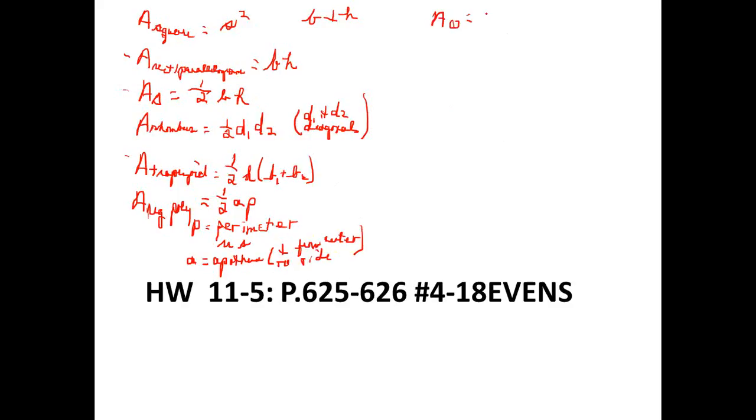We're going to see these again later in the class, so I just want to hit them a little bit now. It's pi r squared. Pi r squared. Again, don't confuse that with the circumference, because circumference is 2 pi r or pi d. 2r is not r squared.